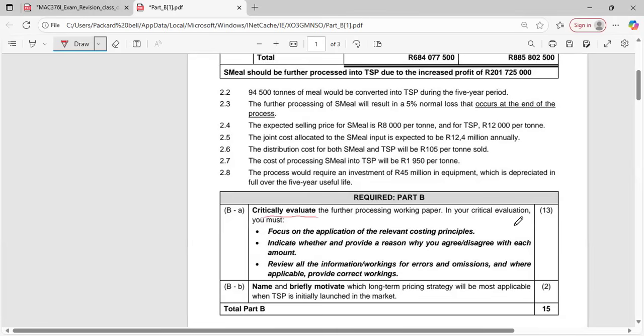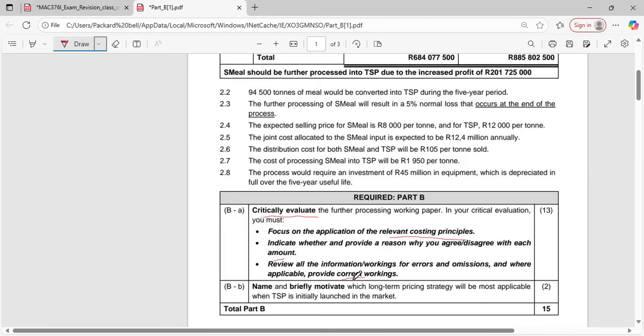In your critical evaluation, you must focus on the application of the relevant costing principles, indicate and provide a reason why you disagree with each amount, review all the information, working for errors and omissions, and where applicable, provide correct workings.